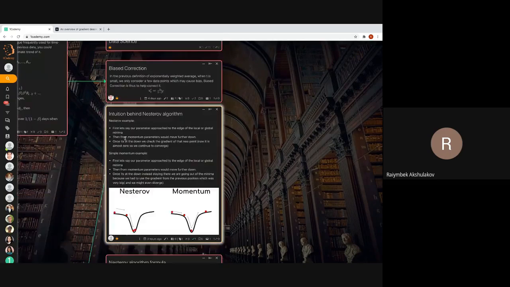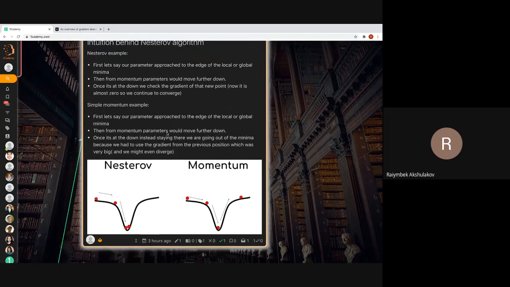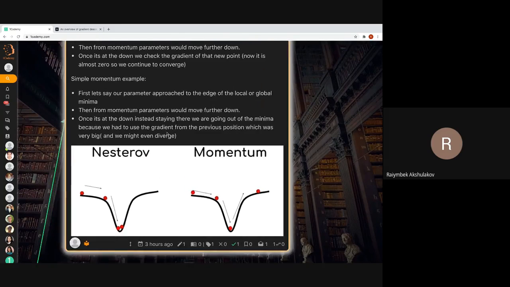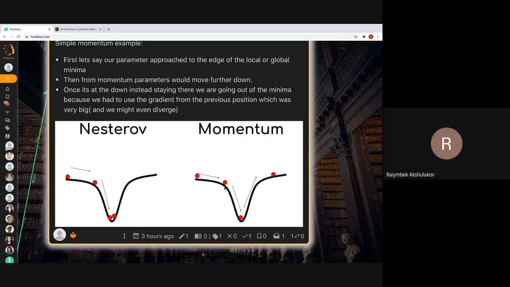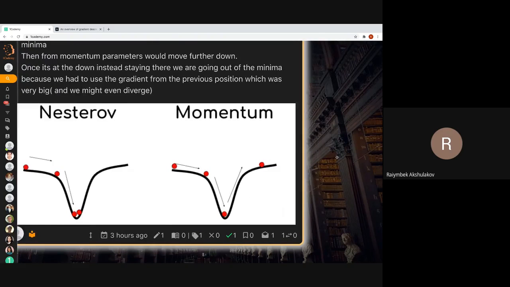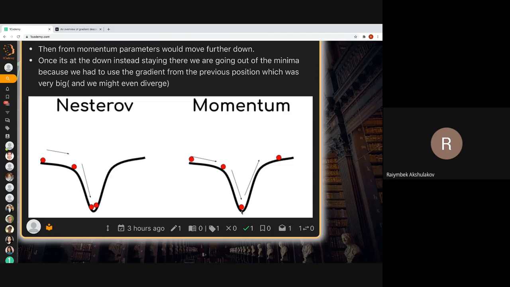So I drew a small picture here, and let's take the example. Let's talk first about how momentum would go. Imagine this is the global minima for the cost function, and the red point is where we are right now on the cost function in terms of our parameters. So let's say in momentum we are at this point.